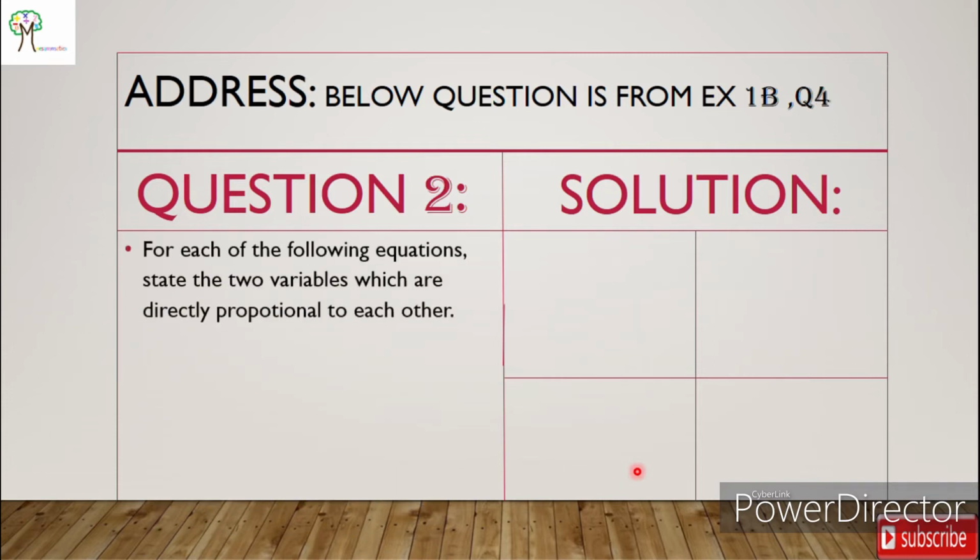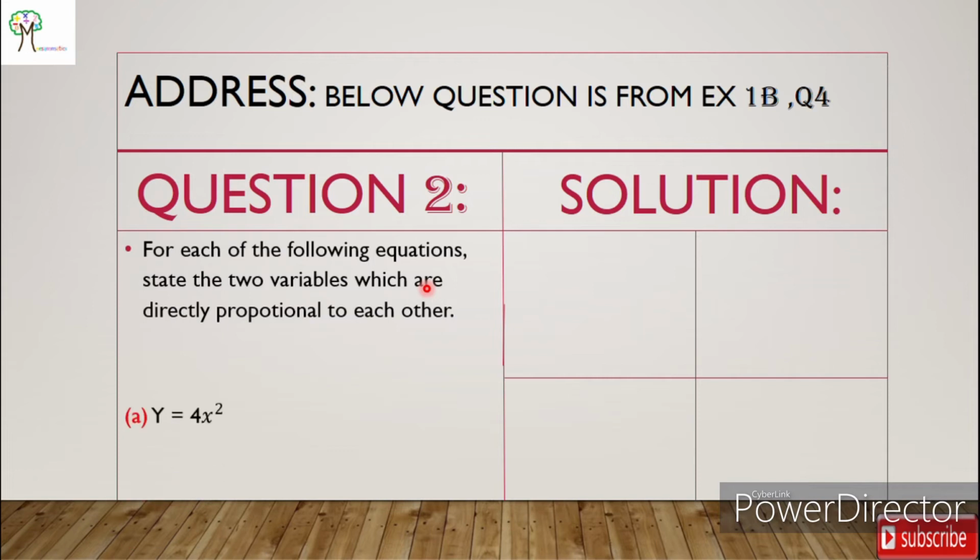Now we will do exercise 1b, question number 4, which is question number 2 here. For each of the following equations, state the two variables which are directly proportional to each other. Now in this question we will use the previous sign which I have taught you.